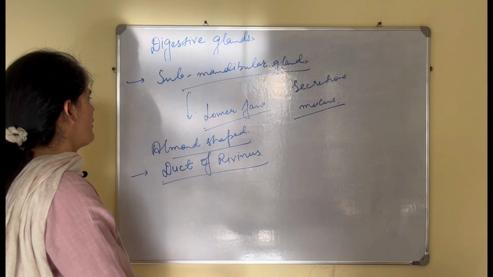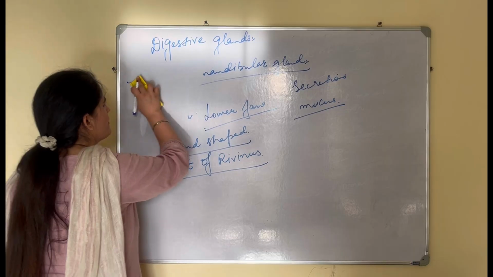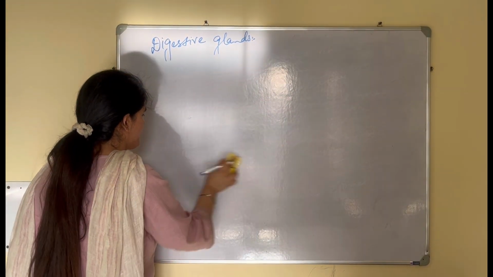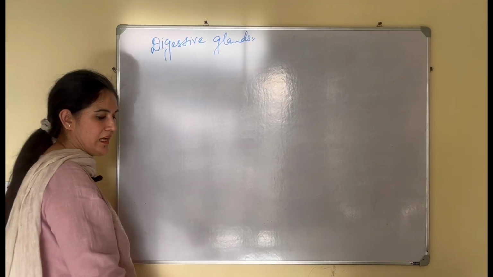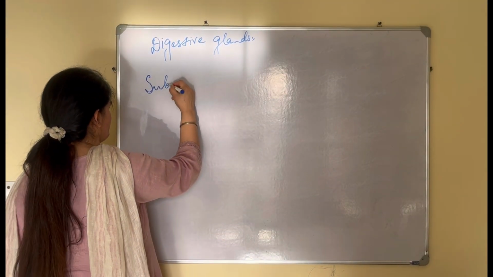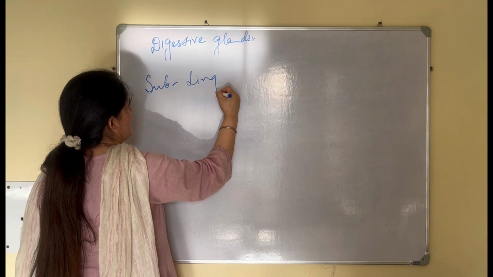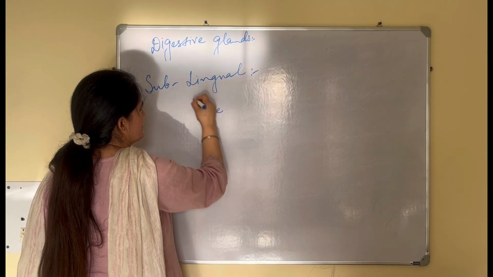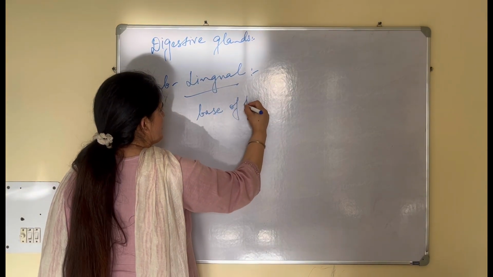Now the next one we have is the sublingual gland. Where will the sublingual be located? Yes, exactly. Sublingual is located at the lingual, meaning tongue, so at the base of the tongue.